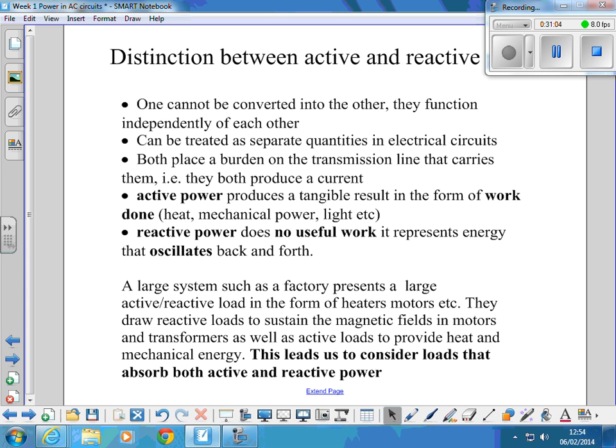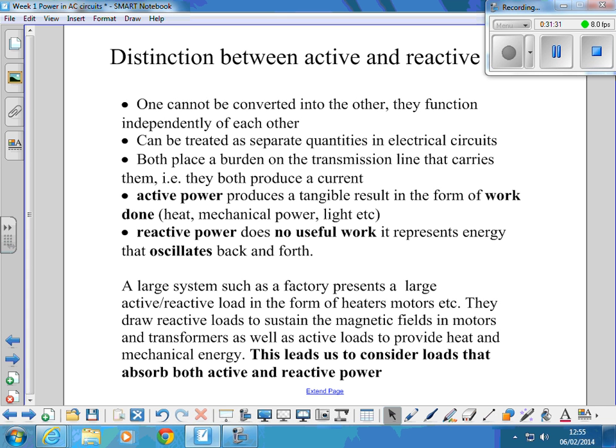You've got some inductance there that's going to cause some reactive power. They draw reactive loads, and they do that to sustain the magnetic fields. So in transformers, you've got to sustain a magnetic field. In a motor, they wouldn't work without a magnetic field. Okay, so active loads provide heat and mechanical energy.